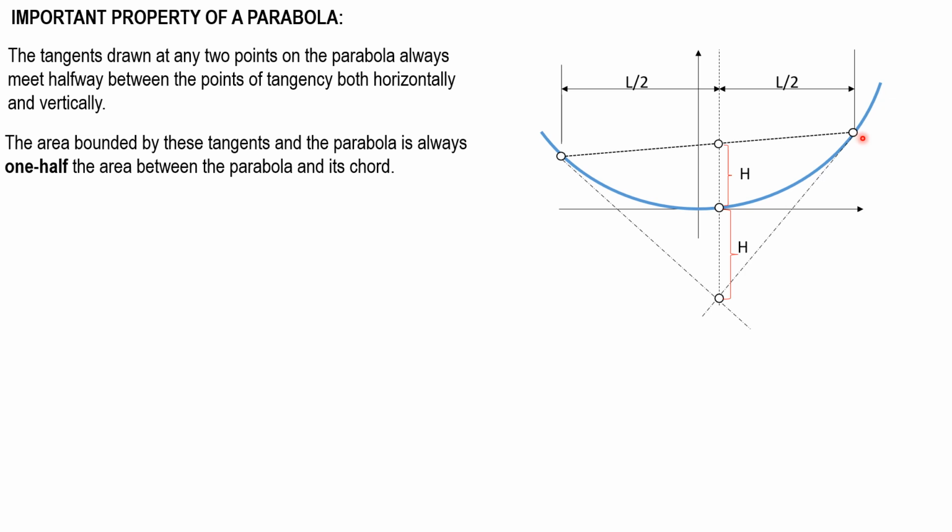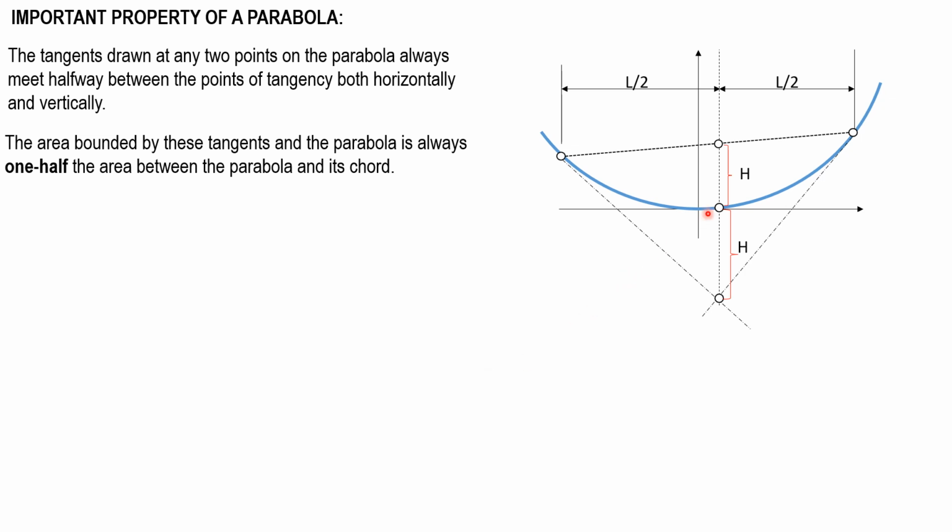This is at 2 comma 4. So that you can verify these two statements about properties of parabolas. I already did this for the parabola y equals x squared and the points -1 comma 1 and 2 comma 4, and it's really true.